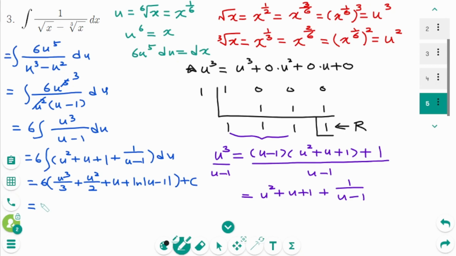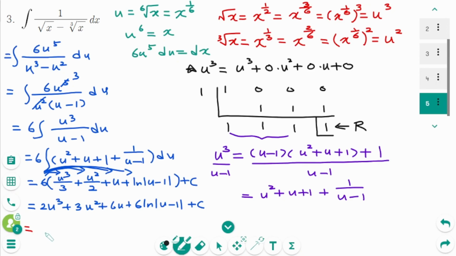Then we can rewrite as, expand, 2u cubed plus, next one is 3u squared plus 6u. The last one is 6 ln absolute value of u minus 1 plus c.